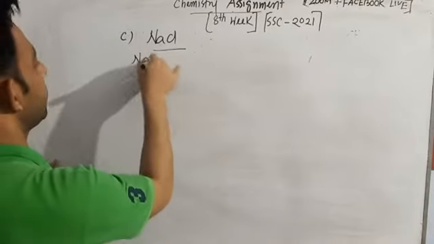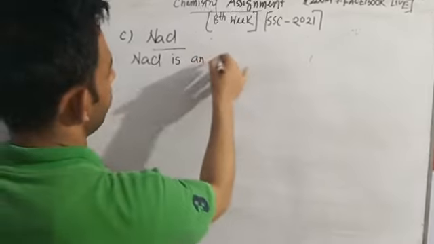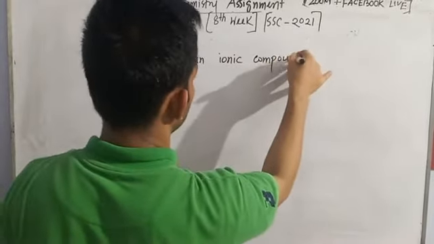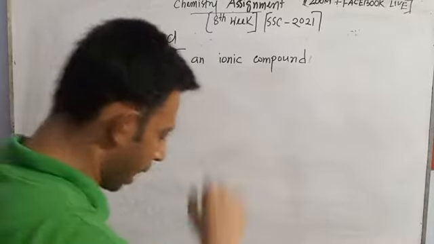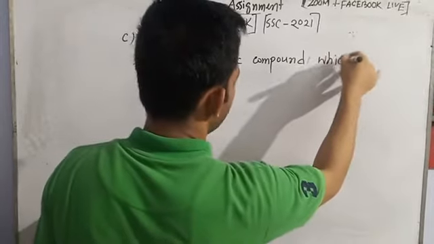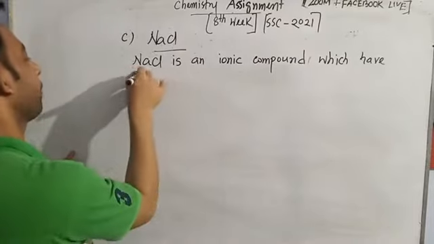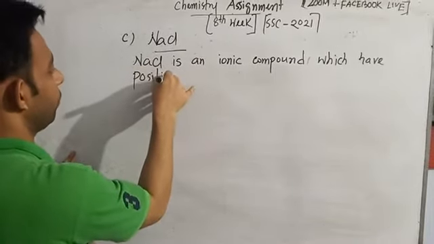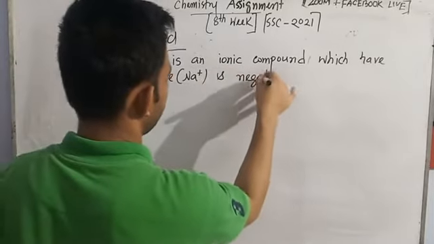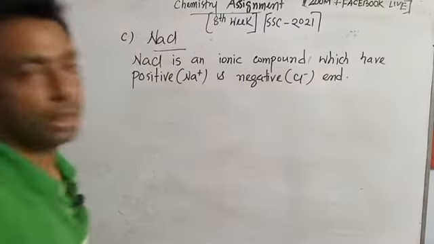Sodium chloride is an ionic compound. We know about an ionic compound. Sodium chloride is an ionic compound which has a positive end and a negative end.